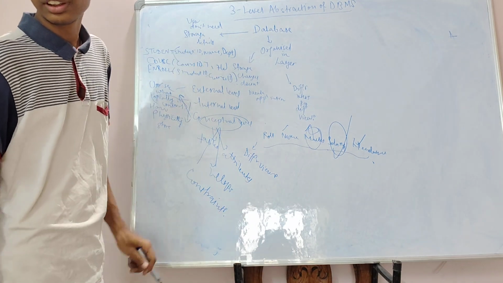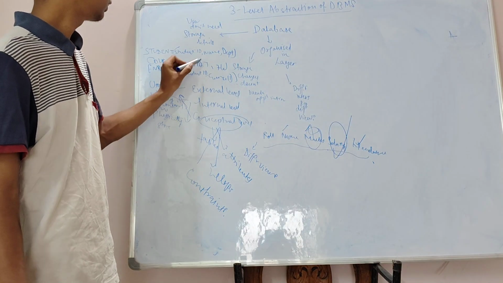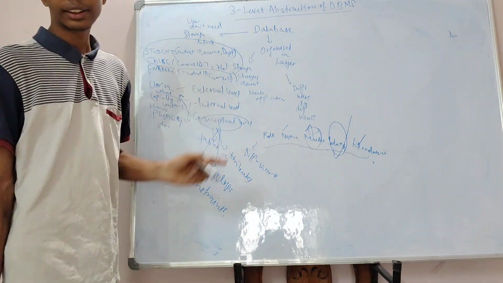So relationships like one student can enroll in many courses. This is what it is telling.